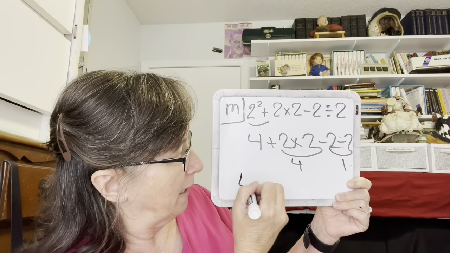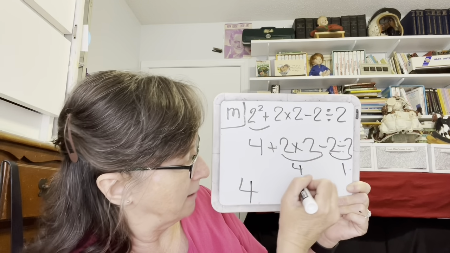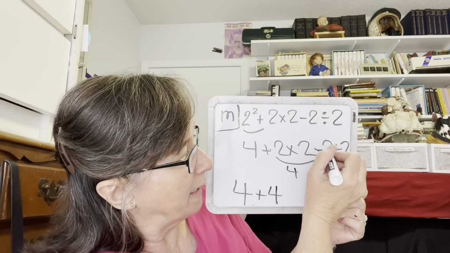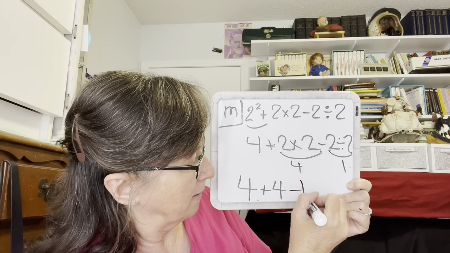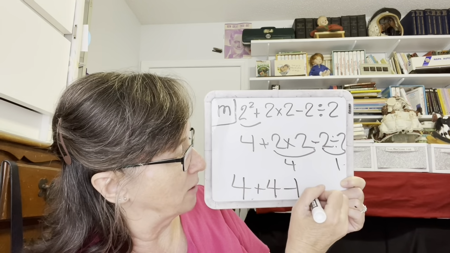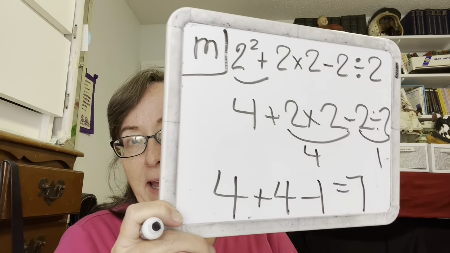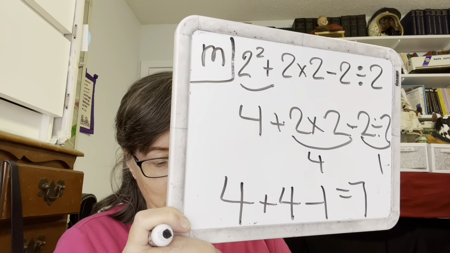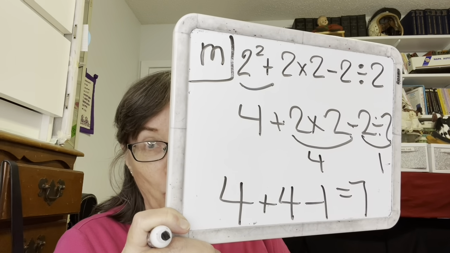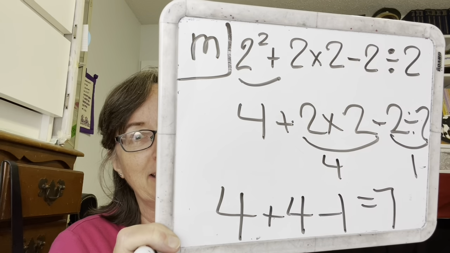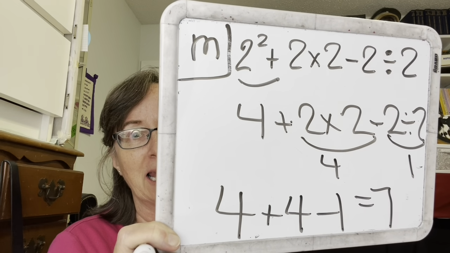So now we go write everything down. 4 plus 4 minus 1. 4 plus 4 is 8, minus 1 is 7. So our expression evaluates to a 7. Now we're going to have to put in 1 pair of parentheses to make the expression equal 11.